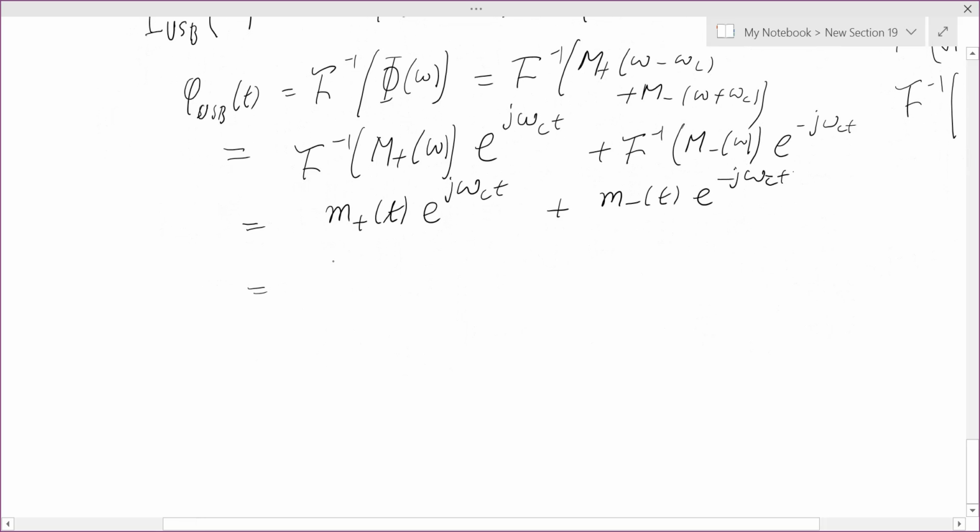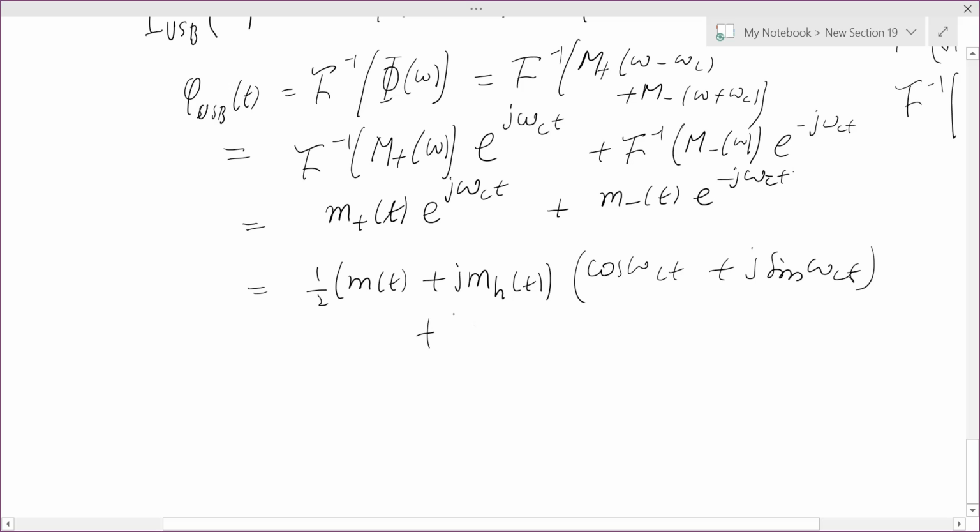Now you know that M plus of t is half (m of t plus j mh of t), and e to the power j omega ct is cos omega ct plus j sine omega ct, and M minus of t is half (m of t minus j mh of t), and then cos omega ct minus j sine omega ct.